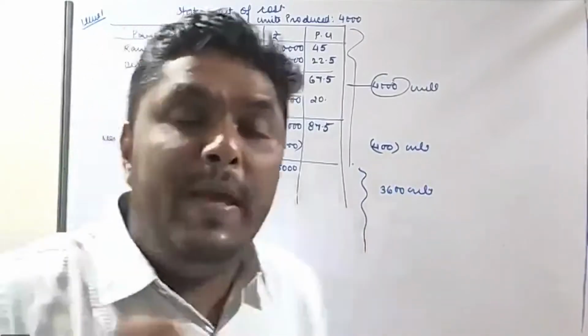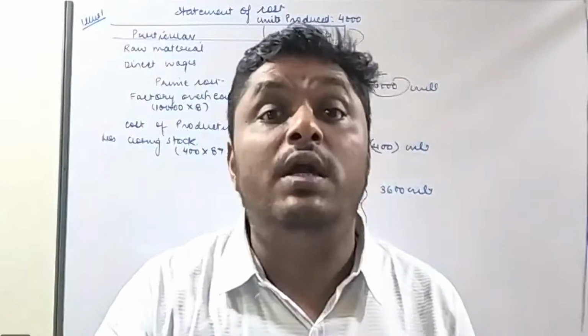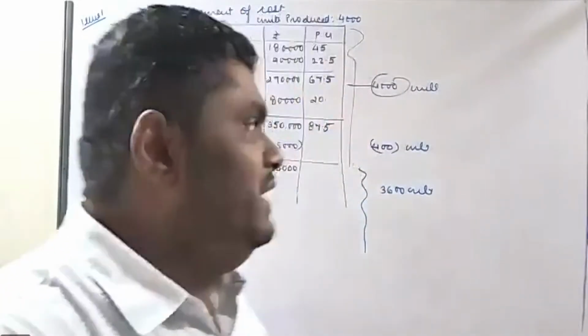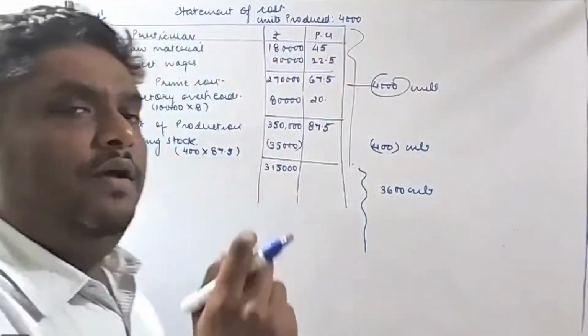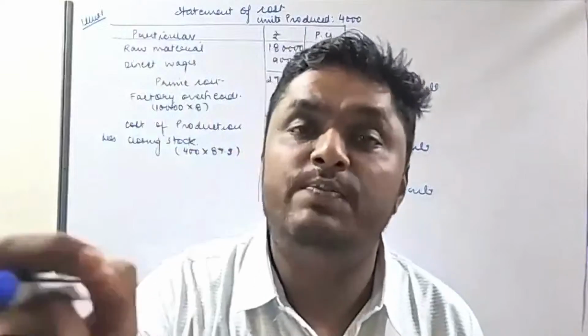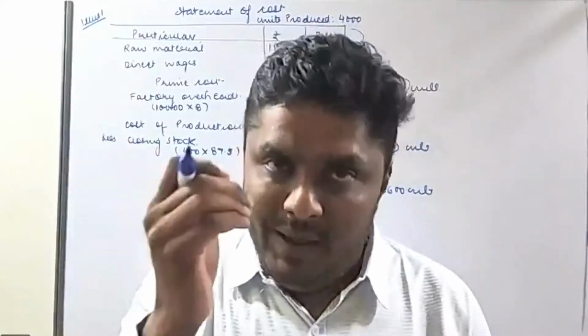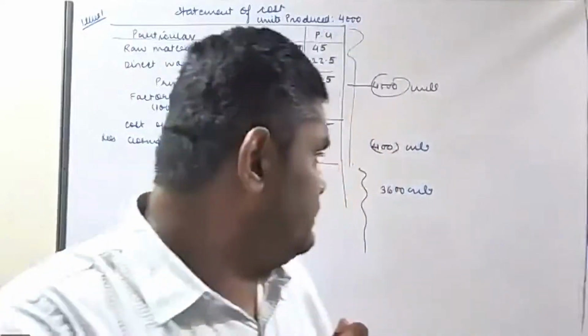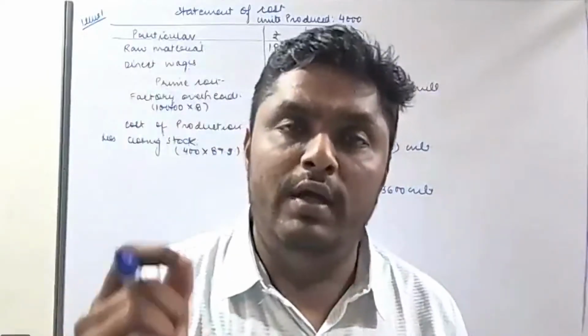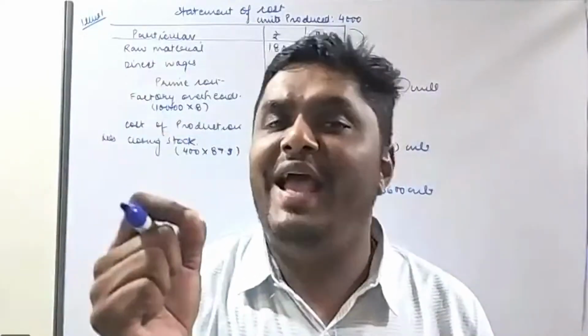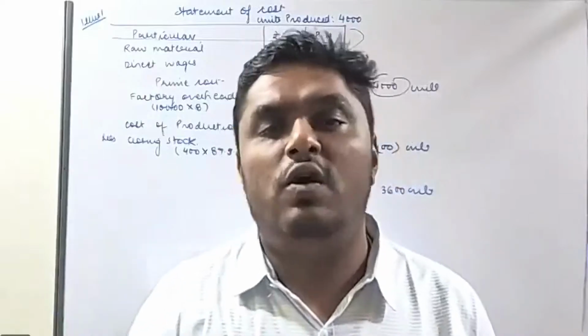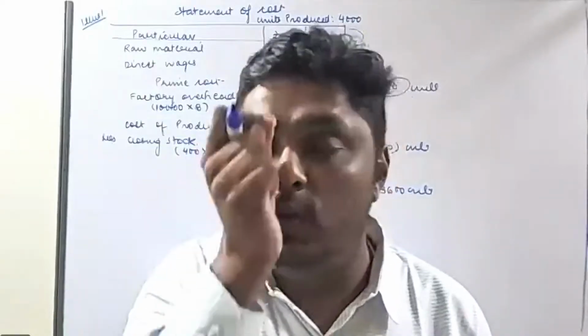So now whatever per unit calculation is done will be on 3,600 units. See, till cost of production we will be calculating per unit as per what? Very important, the units manufactured. But after calculating the cost of goods sold, that is cost of production, add opening stock, less closing stock of finished goods, we will be getting cost of goods sold.